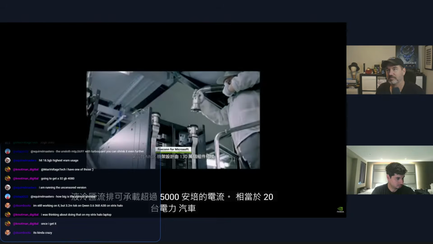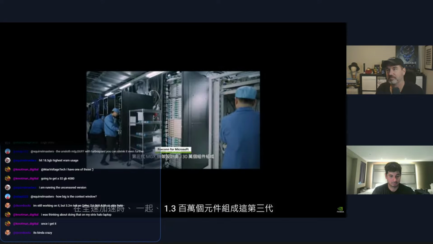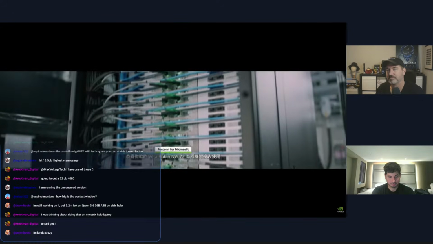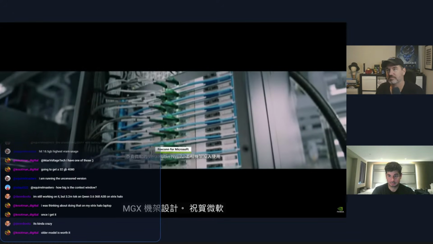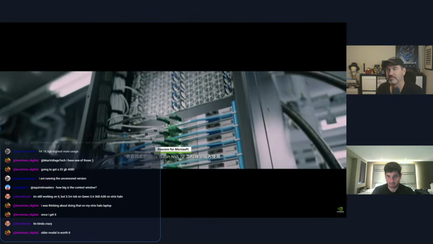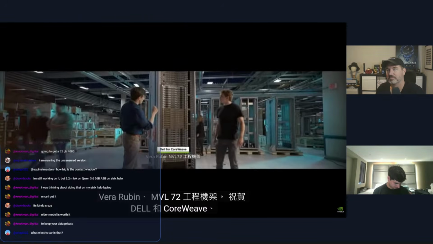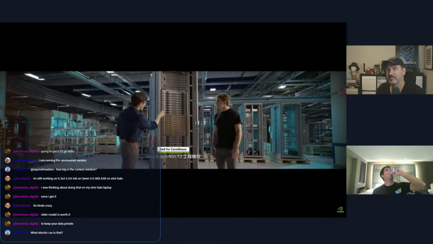Together, 1.3 million components form this third-generation MGX rack design. Congratulations to Microsoft for their operational Vera Rubin NVL72 engineering rack. Congratulations to Dell and CoreWeave as well for standing up their Vera Rubin NVL72 engineering rack.